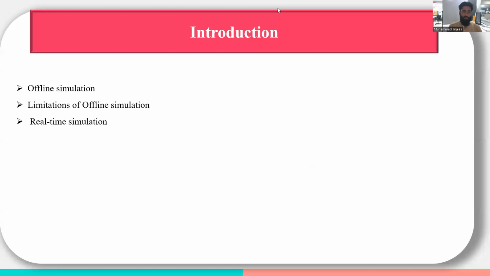Now, what is real-time simulation? A real-time simulation provides a controlled and isolated environment for analysis and experimentation. Real-time simulation focuses on replicating real-world dynamics and interaction in sync with real-time events. And how we can compare the real-time simulation versus physical setup.